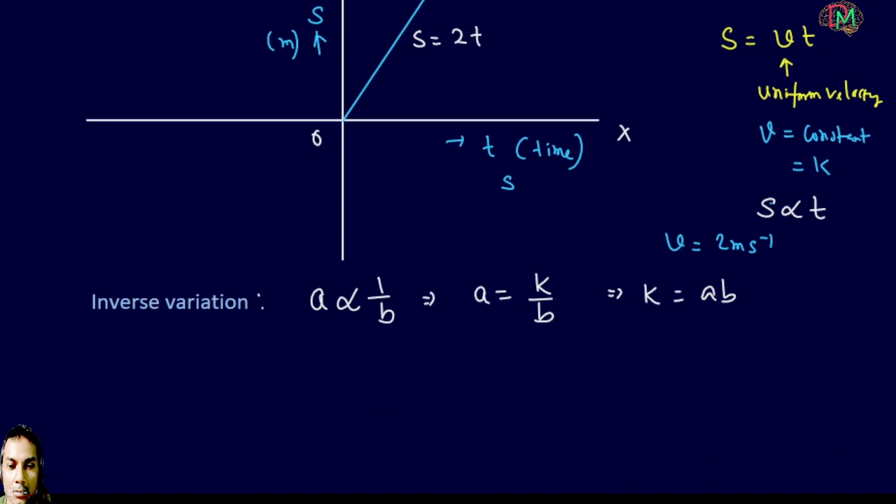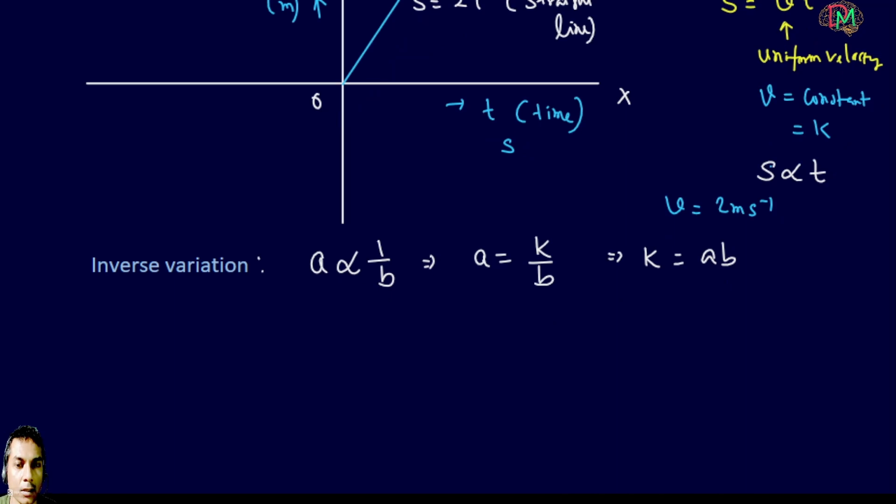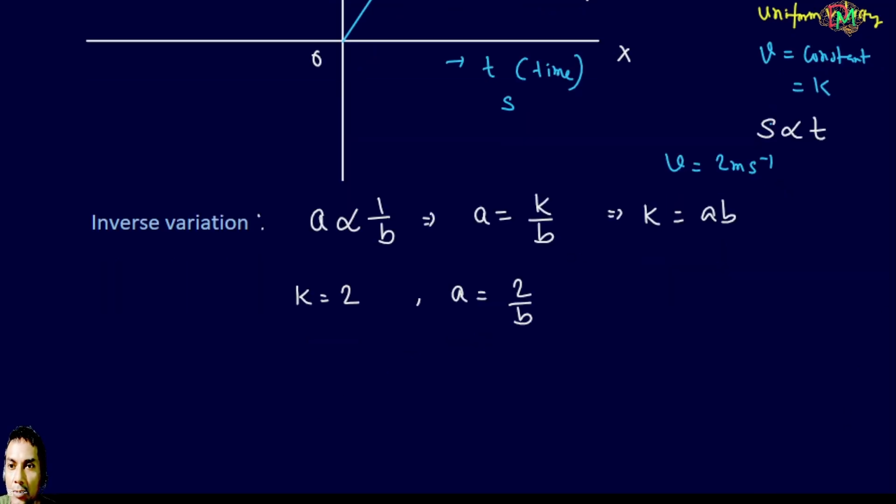So let's see graphically how we can represent this. Suppose k is equal to 2 and we get a is equal to 2 by b. If you want to graphically represent this equation, we get this.